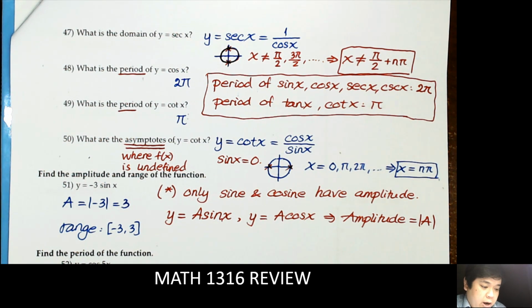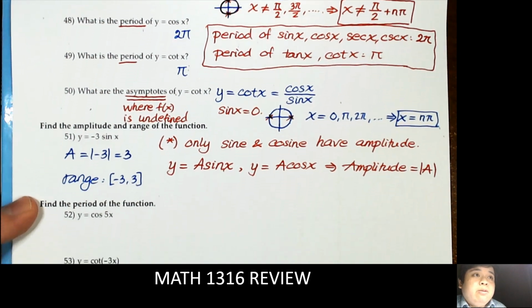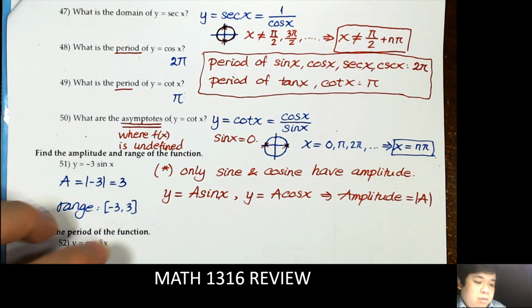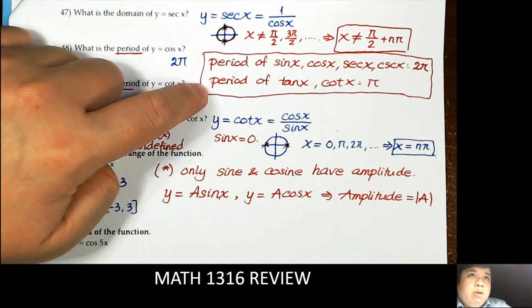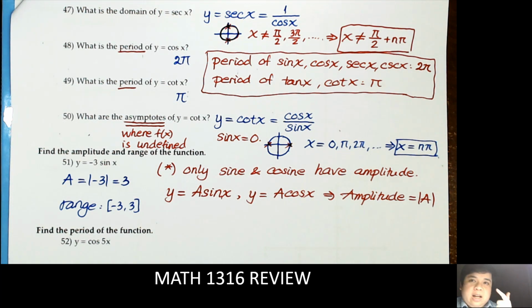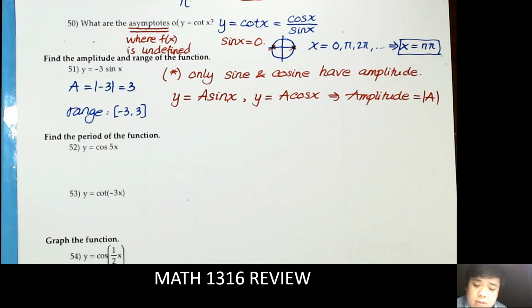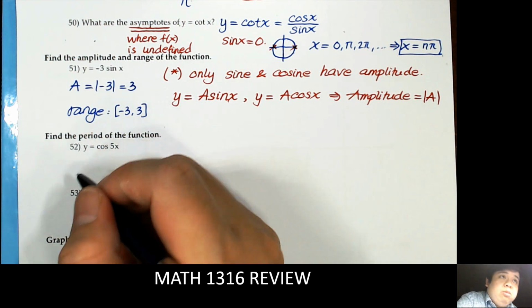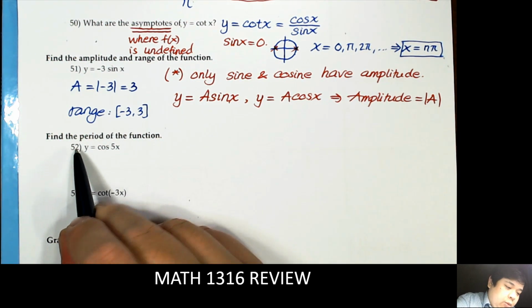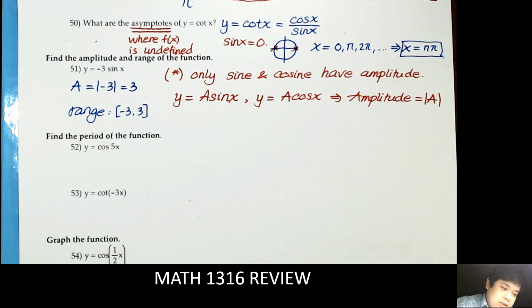Right. Next we have the period of these two functions. Keep this in mind. For sine x, cosine x, cosecant and secant x, the period is 2 pi. Tangent and cotangent is pi. So we're going to use that. So the first one, find the period of this function.